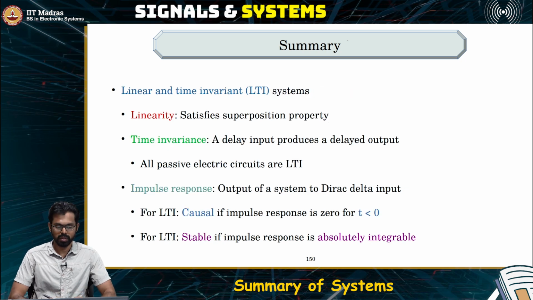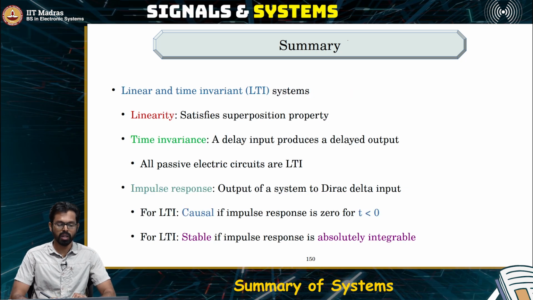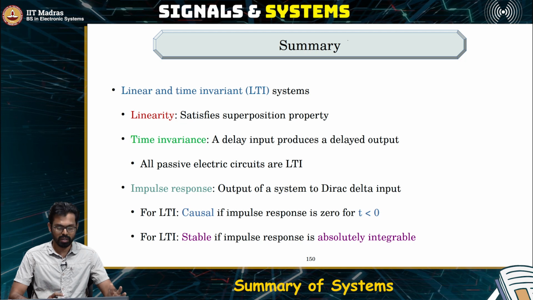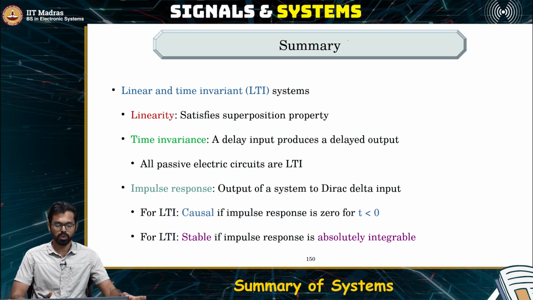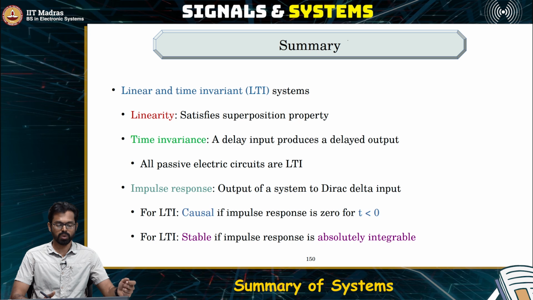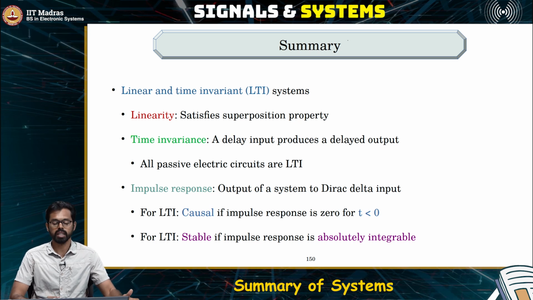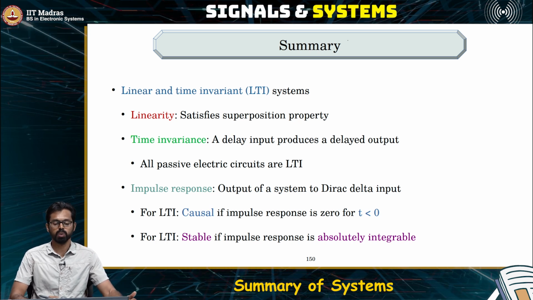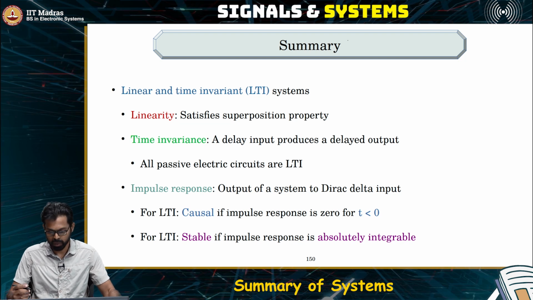The next set of systems that we saw was the LTI systems. The LTI system is a special category of system which satisfies two specific properties, known as linearity and time invariance. What is linearity? It simply means that the superposition property is satisfied. What is superposition?